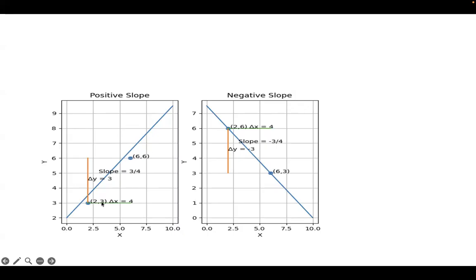And assuming y increases to 6, what is the difference? You subtract the 3 from 6. But we all know that slope is the change in y over the change in x. That is the change in y, which is 6 minus 3, over the change in x, which is 6 minus 2. When you divide, the change in y is 3, the change in x is 4. Therefore, this is how we got this number.